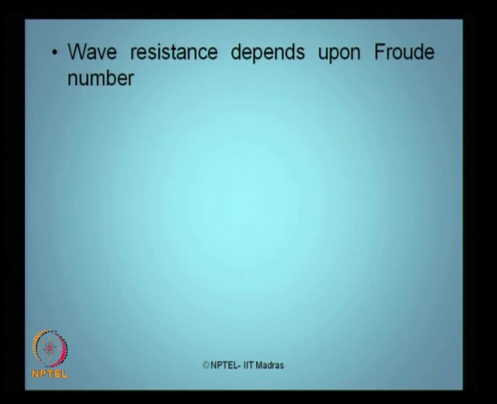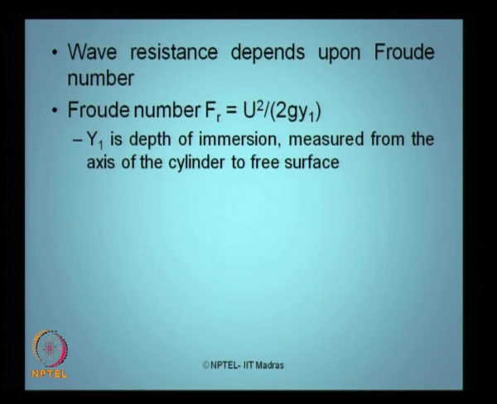Wave resistance interestingly depends on the Froude number, which is given by a simple expression U squared by 2g y1, where y1 is the depth of immersion measured from the axis of the cylinder to the free surface, and of course g stands for gravitational acceleration, which is 9.81 meter per second squared.